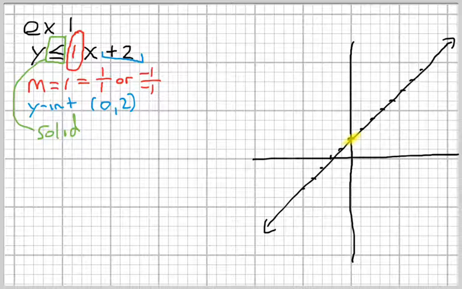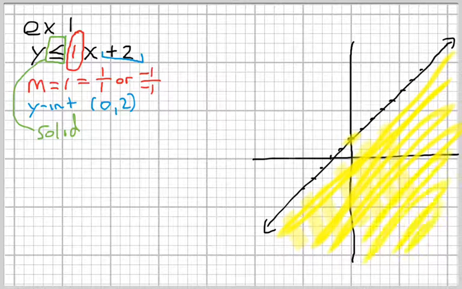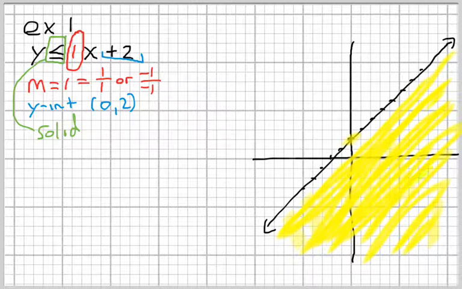So if I go up here, my y value is greater than, so I don't want that one. But if I go down here, that's where my y values are less. So that is going to be the side we are going to shade. So our solution here is we have our line, and we shade everything below that line.